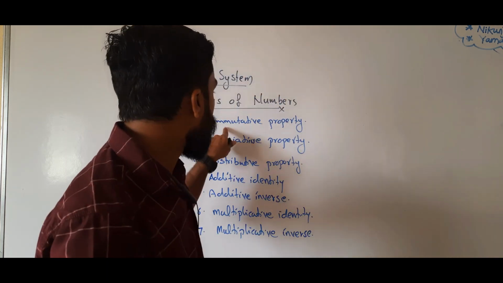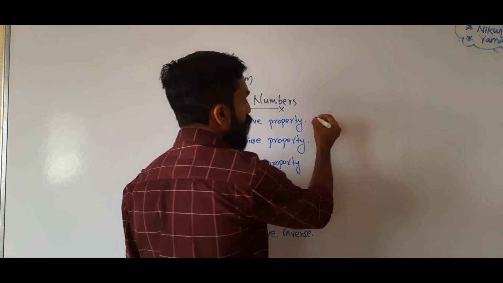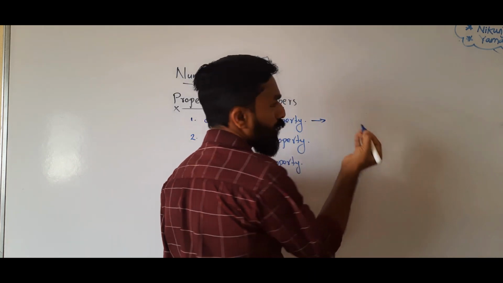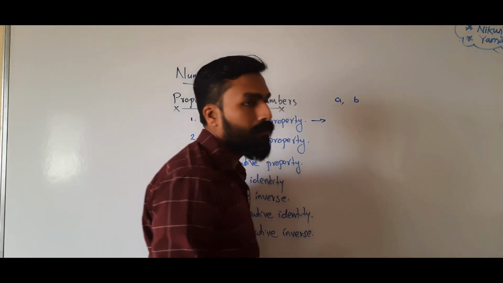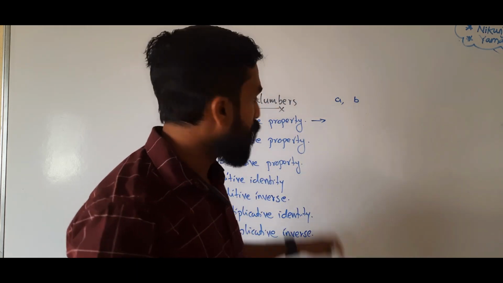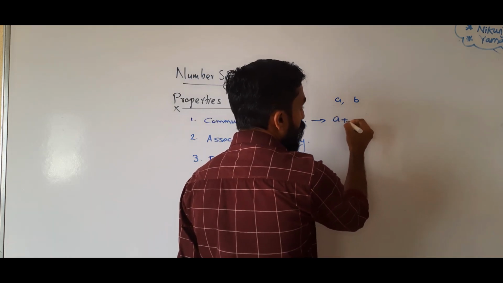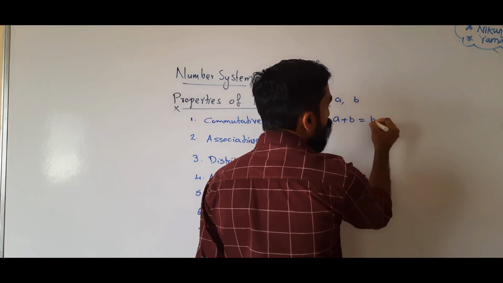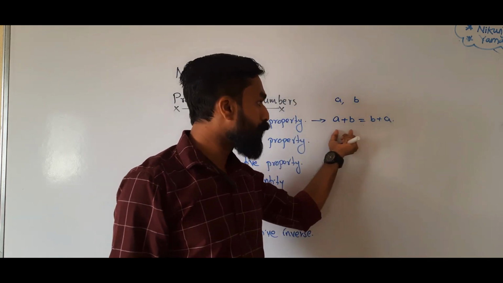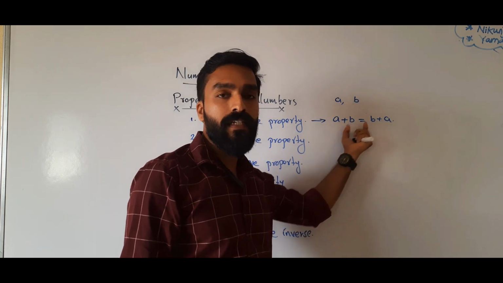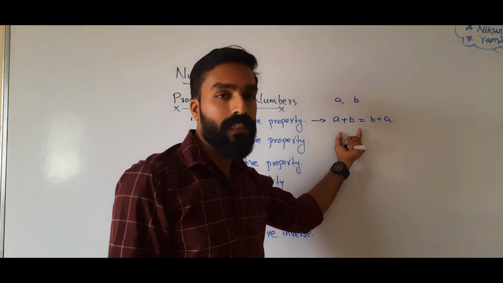For example, the first one, commutative property. Commutative property means if you are considering any two numbers, we can call them A and B. In the case of addition, A plus B is equal to B plus A. If both the right hand side and left hand side are equal, we can say this property is satisfied.